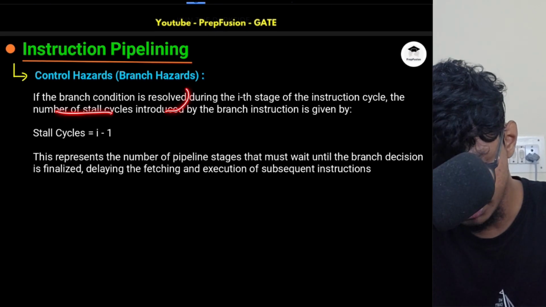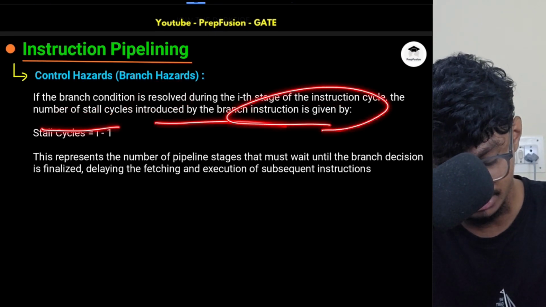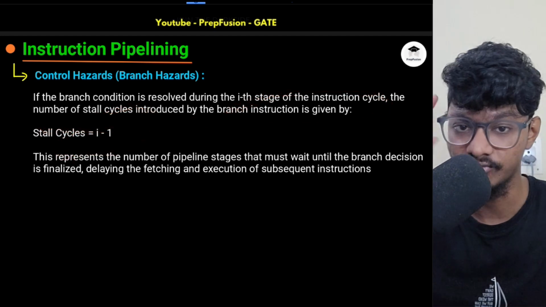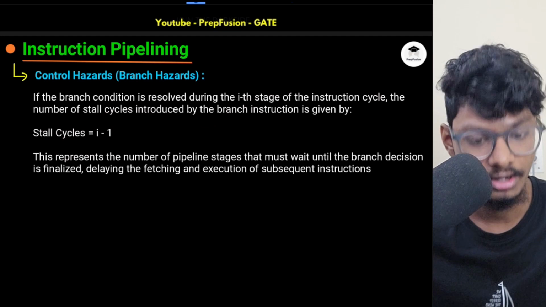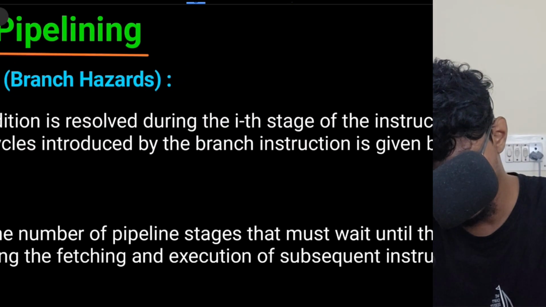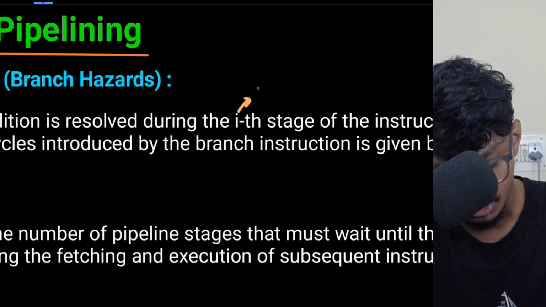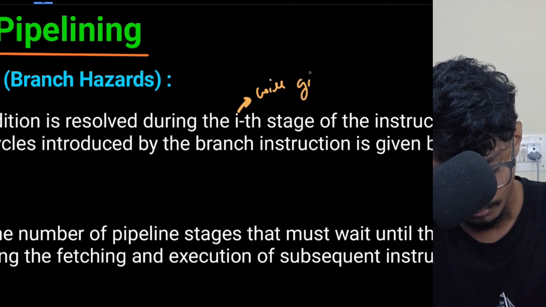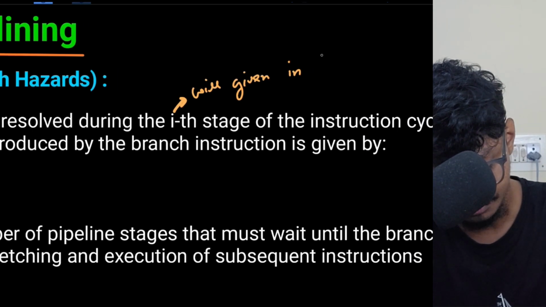If the branch condition is resolved during the ith stage of the instruction cycle, the number of stalls introduced by the branch instruction is given by i minus 1. That I have already derived at the starting of hazards, and explained why this is happening. Now, when will the branch condition be resolved? It will be given in the question.